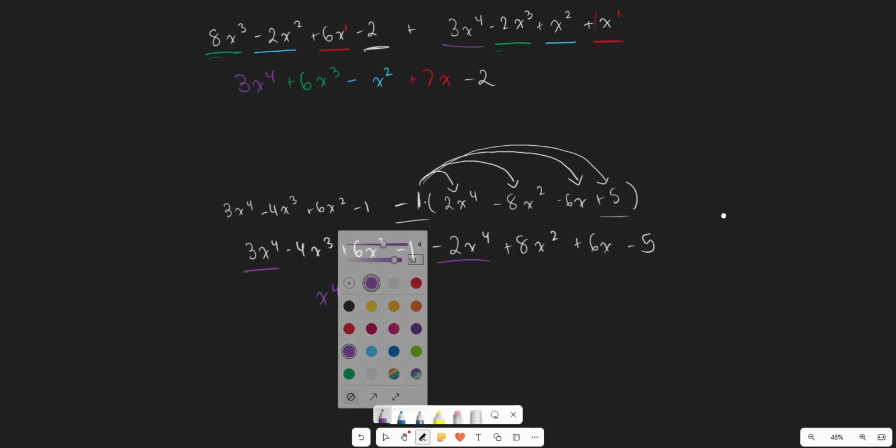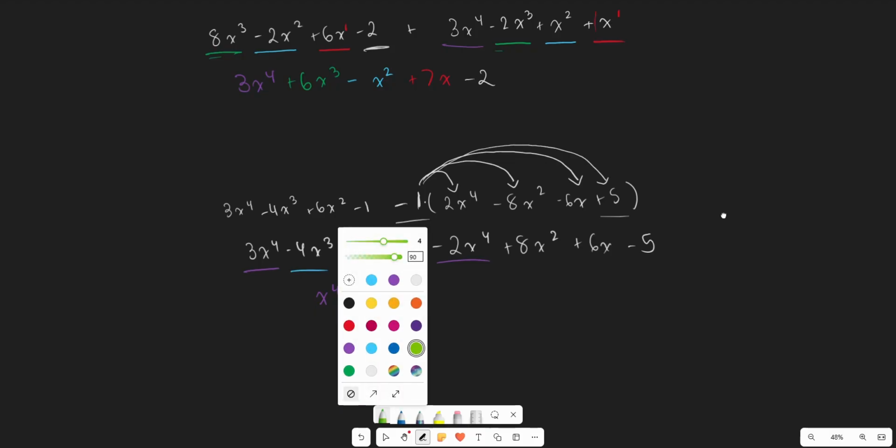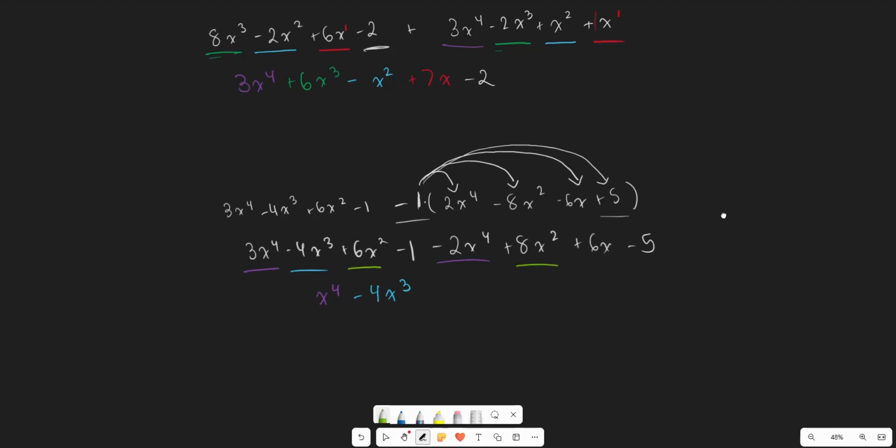Let's try our third degree. There's only one x cubed term, and it's minus 4x cubed. We're left with that. Nothing to simplify it with. Okay, let's try the x squared term. There's 6x squared plus 8x squared is 14x squared.